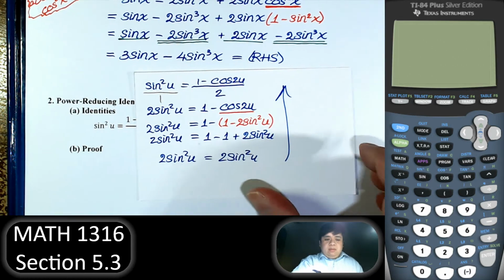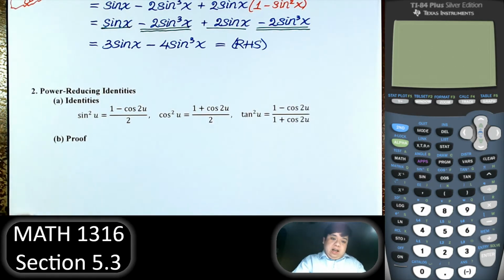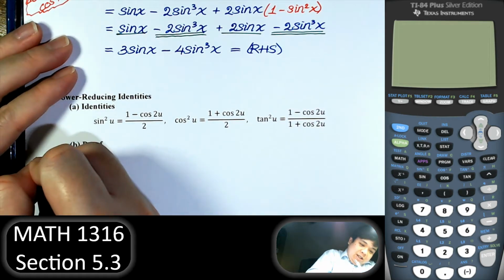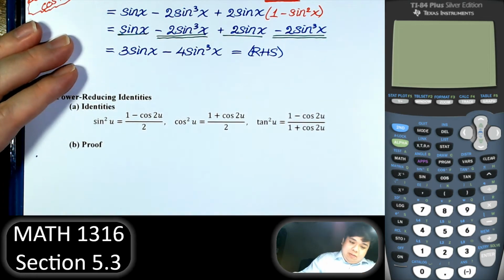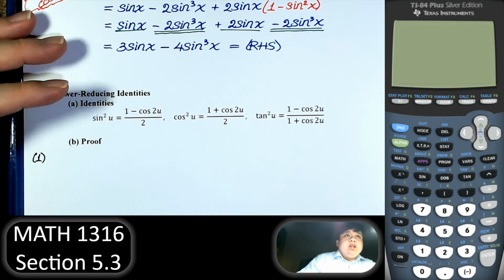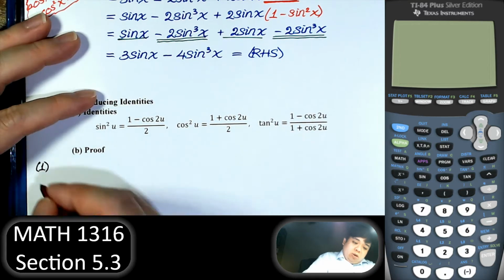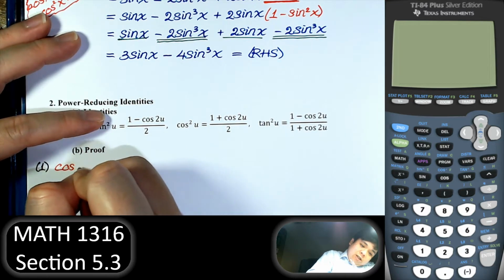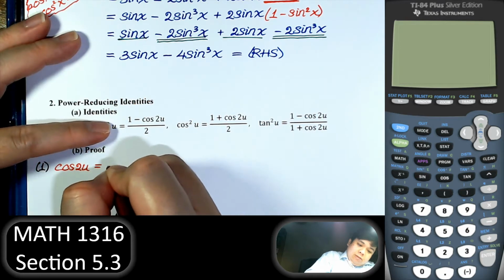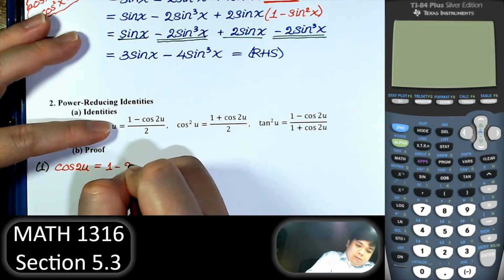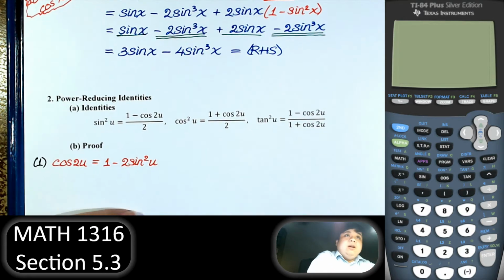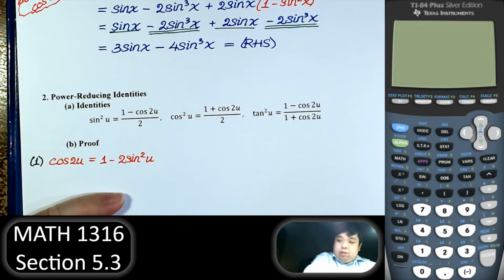However, in the notes I'm going to write something a little more elegant. Right, first, we'll start with something that we know, the double angle of cosine. If we start from that one.